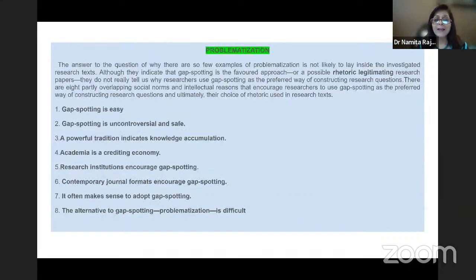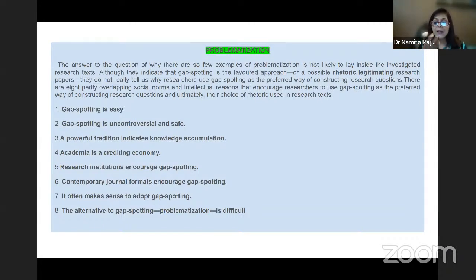So why is it more likable? The answer to why there are so few examples of problematization is not likely to lie inside the investigated research texts, although they indicate that gap spotting is a favored approach or a possible rhetoric for legitimizing research papers.